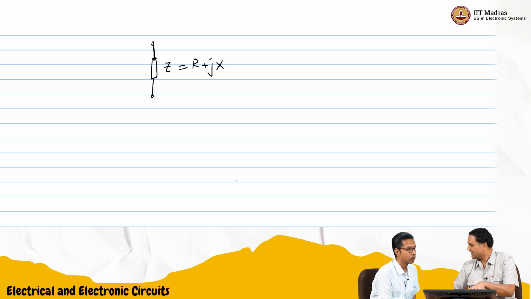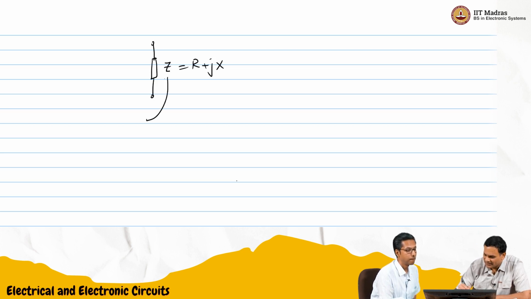And we said Z is the impedance, R is the resistance, and X is the reactance.